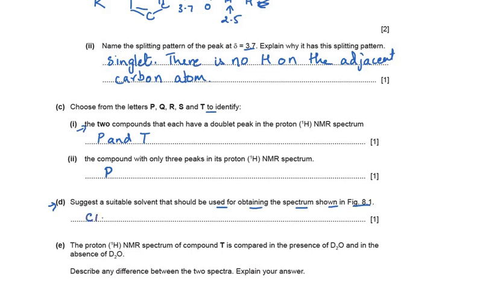So CDCl3 is one of the common solvents used, or you can say tetrachloromethane, those are the common solvents used. Here it is CDCl3. Let me rewrite it. CDCl3, that is trichloromethane with 1 deuterium, not a simple proton. Okay, let's go ahead with the next E part.